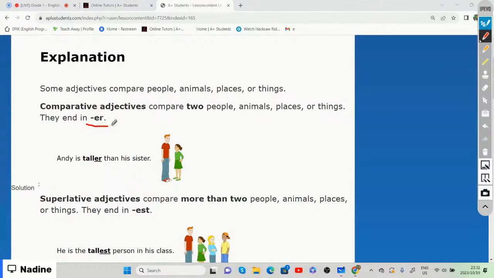That is, we're only comparing two people, animals, places, or things. And then we have a superlative adjective, right? Which compares more than two people, animals, places, or things. And they end in est.